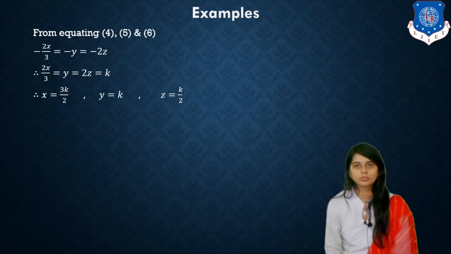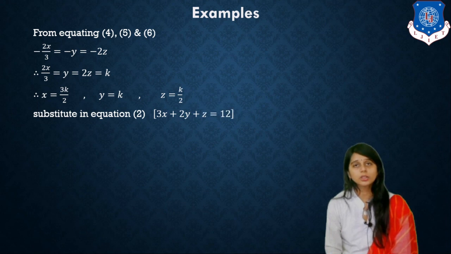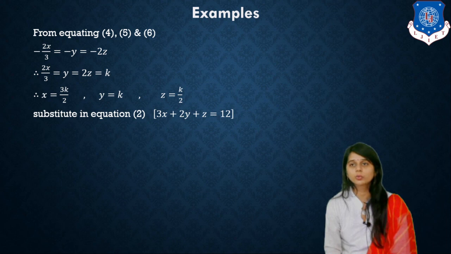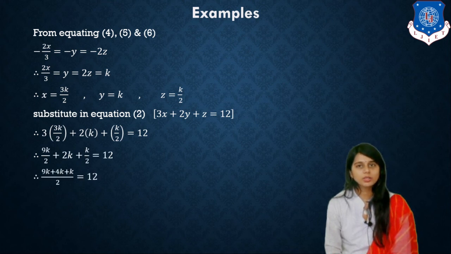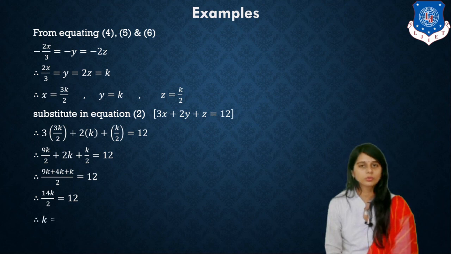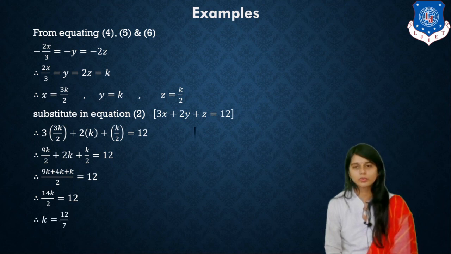Substituting in the condition 3x plus 2y plus z equal to 12, we get 9k by 2 plus 2k plus k by 2 equal to 12. So (9k plus 4k plus k) by 2 equal to 12. 14k by 2 equal to 12. So k equal to 12 by 7.